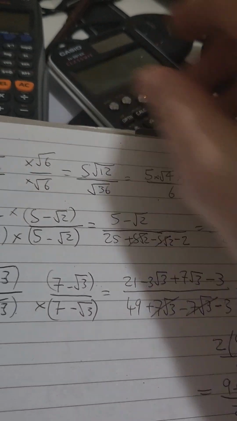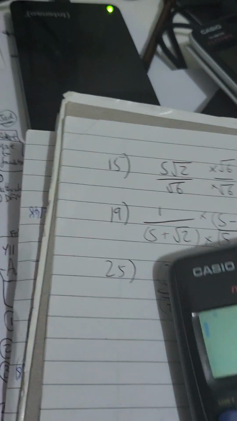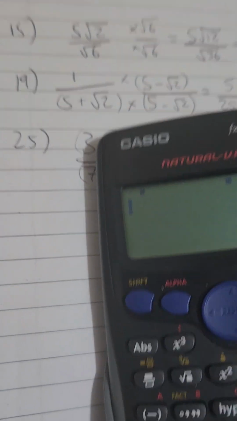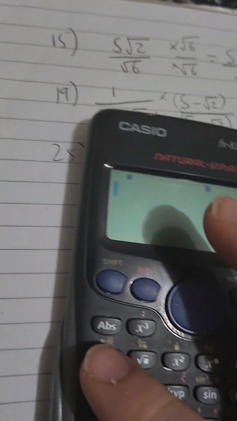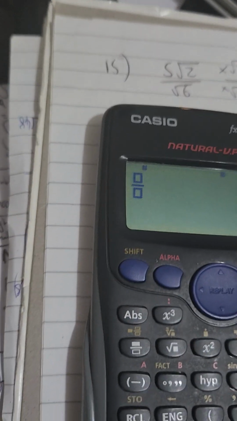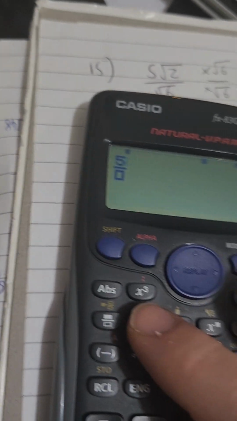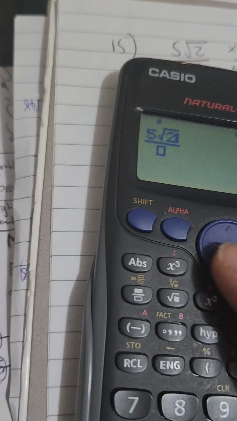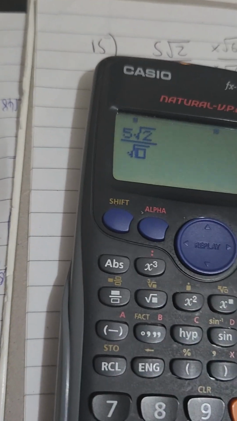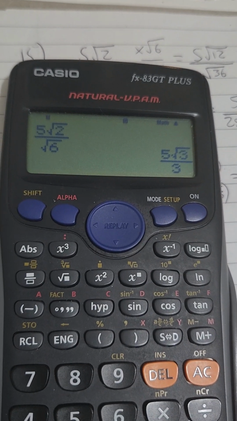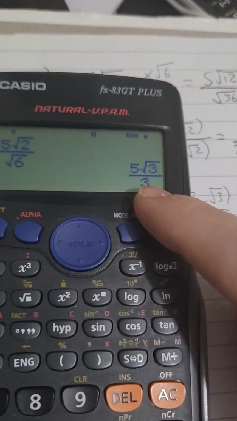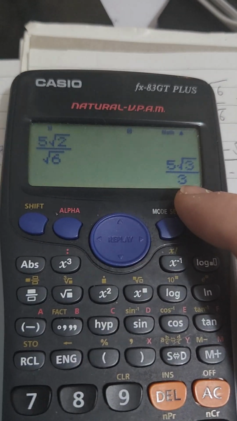The last thing I would say is you can check all your answers. It's what I said in class today. You've got a calculator. So if we do use it. 5 square root 2, press down, root 6. You press equals, and it comes up with the rationalised denominator.